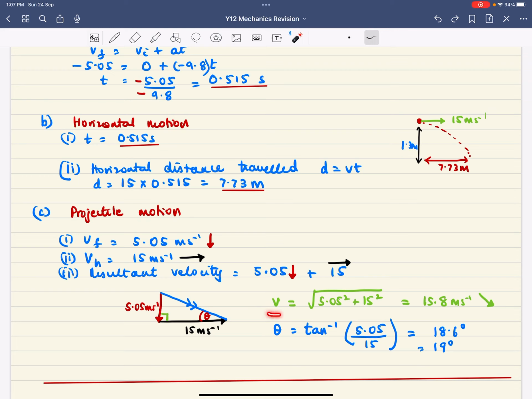Using Pythagoras, I get 15.8 meters per second as the resultant velocity in this direction, and quite often you're expected to find the angle. So using trig functions, I've got tan inverse of 5.05 divided by 15, and I get about 19 degrees, and that's the angle with which it hits the ground.